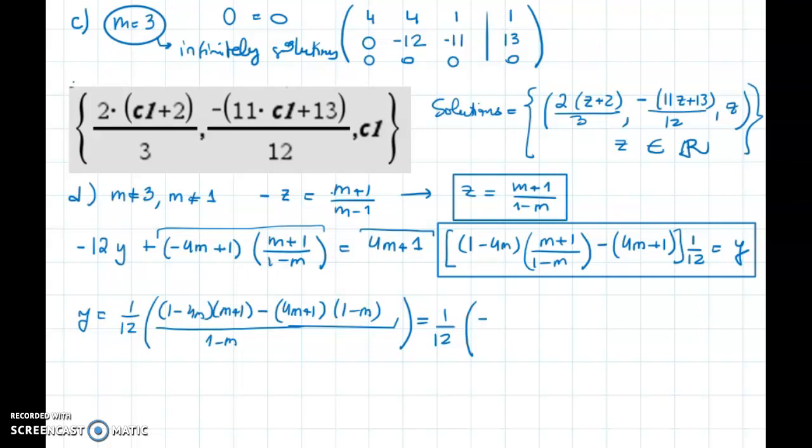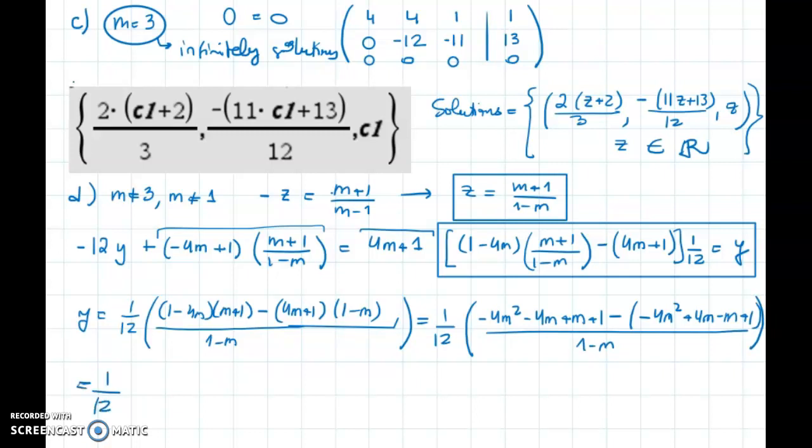So I'm going to have minus 4m squared, and also there is minus 4m, and there is also plus m and plus 1, and then I have minus, I'll keep parentheses for a little bit. I'm going to have minus 4m squared, and I'm also going to have plus 4m and minus m and plus 1. That's my numerator, and 1 minus m is my denominator.